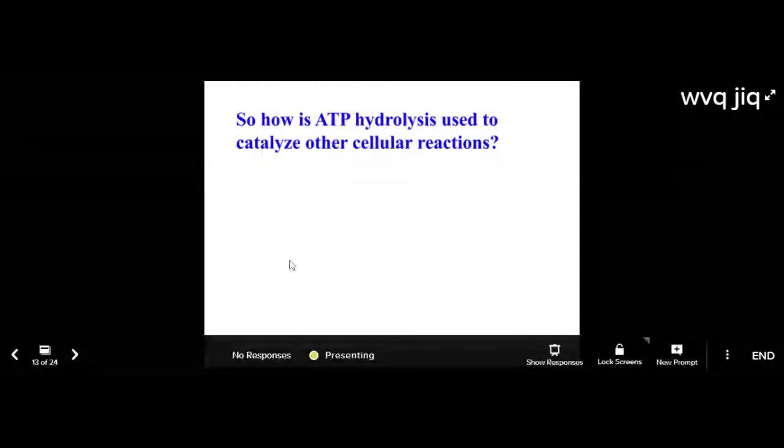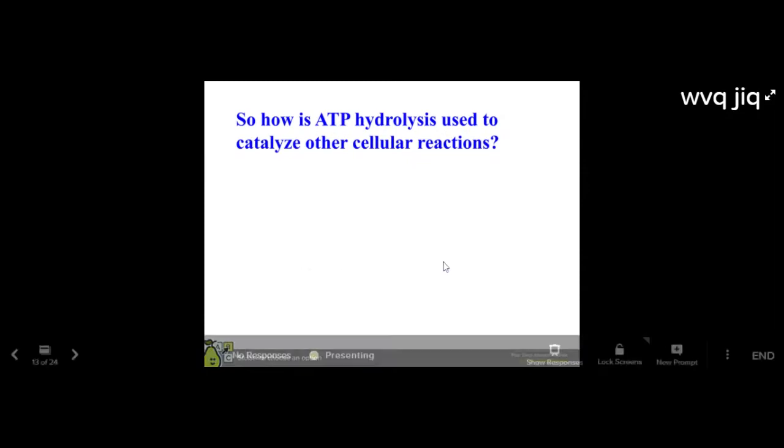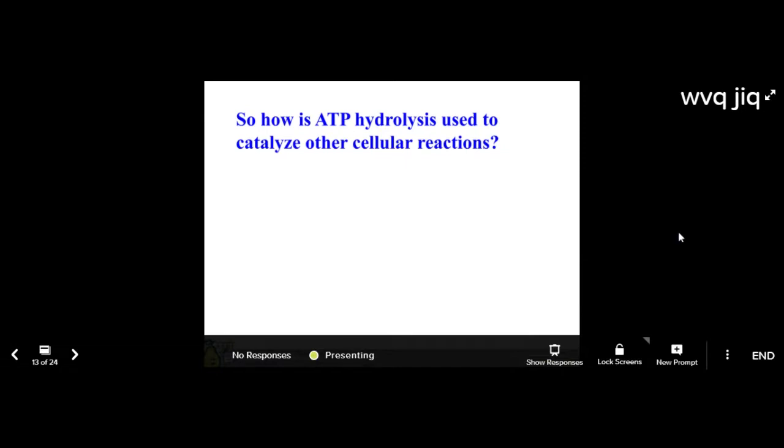All right, so how is ATP hydrolysis used to catalyze other cellular reactions? Now that you've seen that, what do you say?